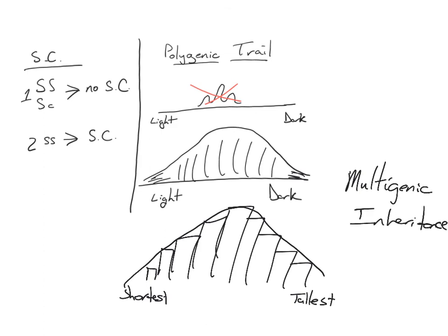There are multiple genes that are involved in height. So just like with skin tone, just like with blood type. You have blood type, remember you have A and B, they're codominant, but O is recessive.